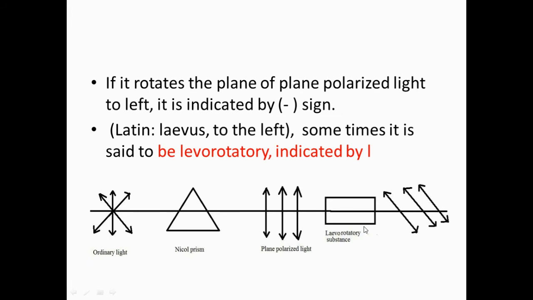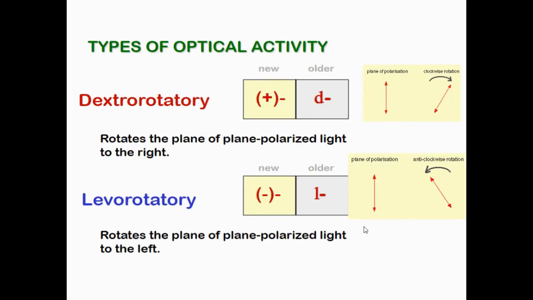Nowadays it is indicated by a negative sign. So an optically active substance may be dextrorotatory or levorotatory. Dextrorotatory means rotating the plane of plane polarized light towards the right, and levorotatory means towards the left.